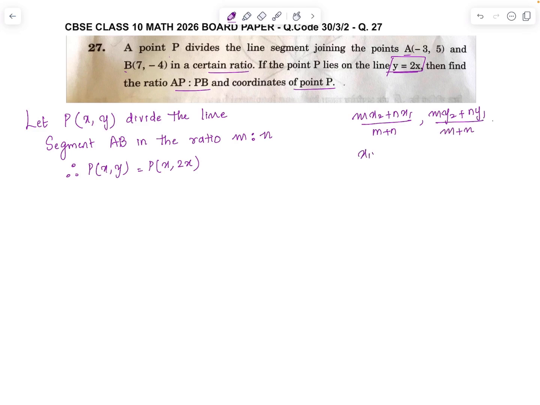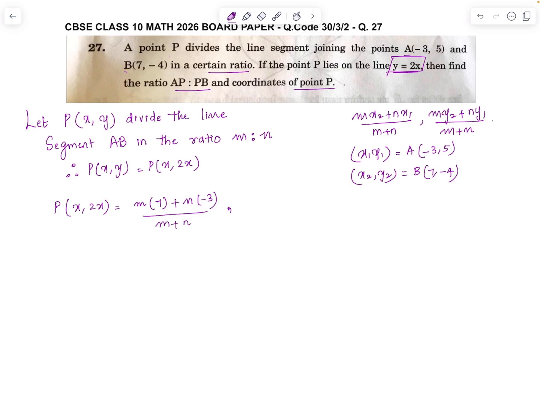Here x1, y1 is taken as the coordinates of A and x2, y2 are of B. Substituting these coordinates, we get P of x comma 2x is equal to (m times 7 plus n times minus 3) upon (m plus n), comma (m times minus 4 plus n times 5) upon (m plus n).